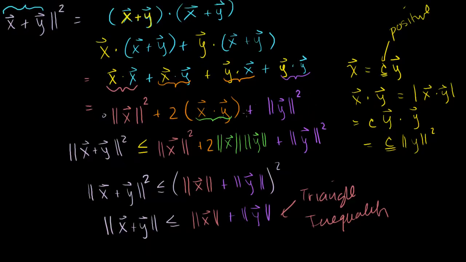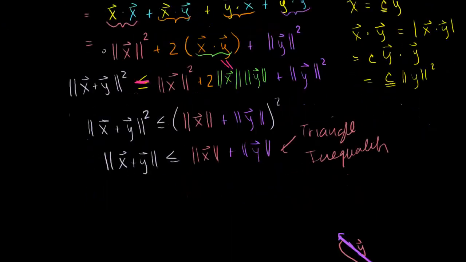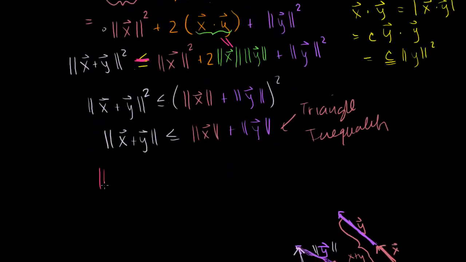We could say that this thing here is equal to that. If this is equal to that, then this would have become an equal sign, not a less than or equal to sign. And then we would have had the limiting case. We have done the same work, but we would have had an equal sign the whole way, so x plus y would equal the length of x.